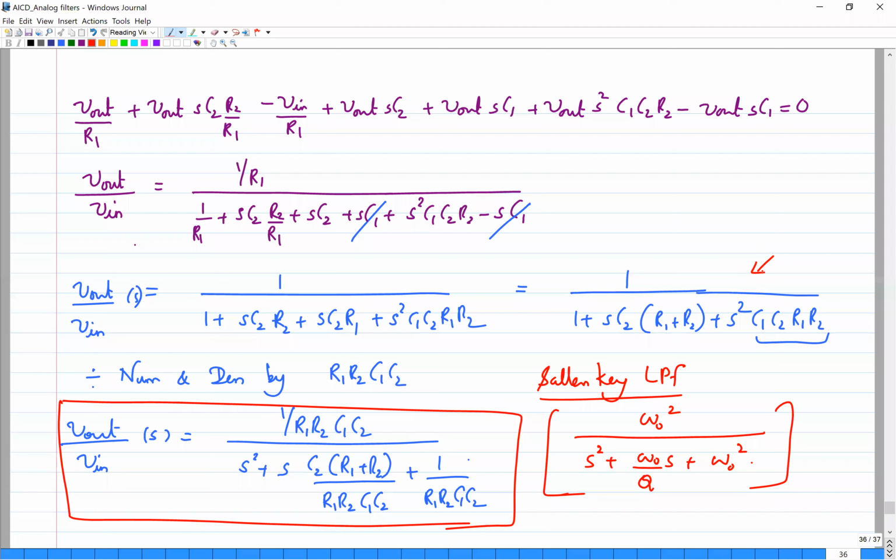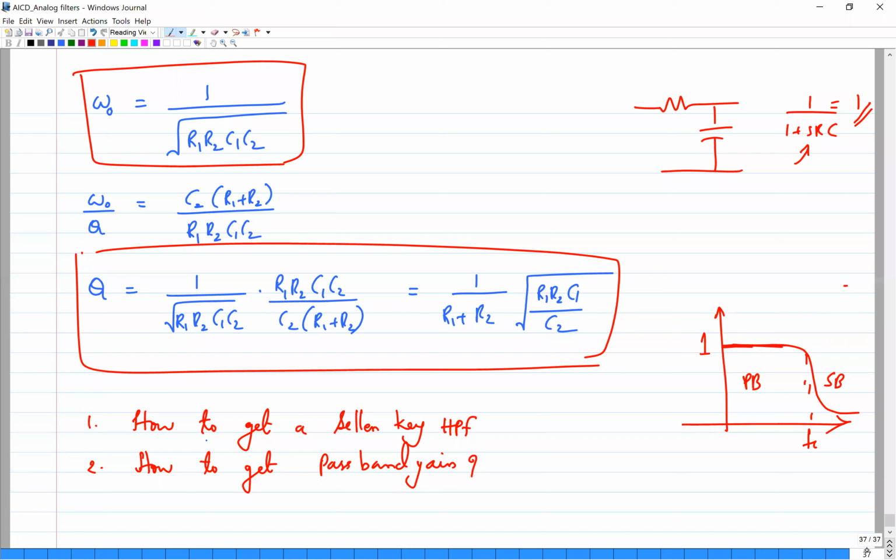Now, for omega equal to 0, what is the transfer function value? For omega equal to 0, it is 1, right? That means this is not actually giving some gain, but still it is a second order filter. Since we are using op-amp, we can call it an active filter. Since the op-amp is configured in unity gain mode, you are actually getting 1 as the gain.